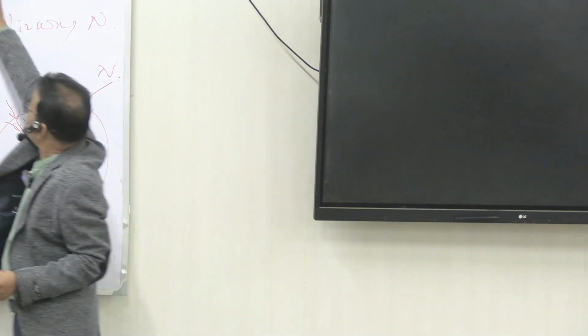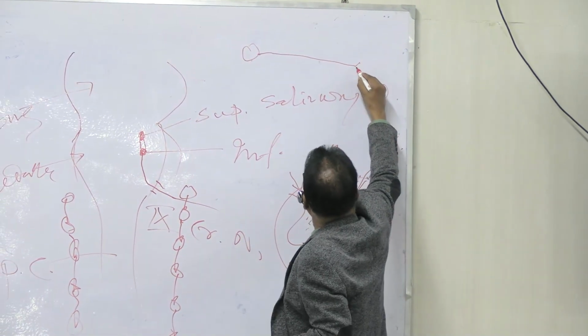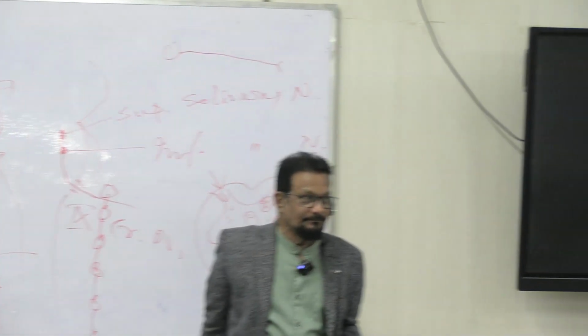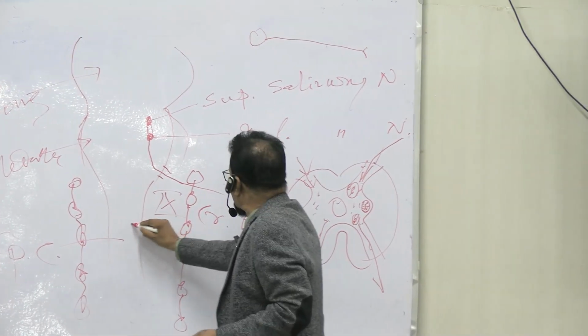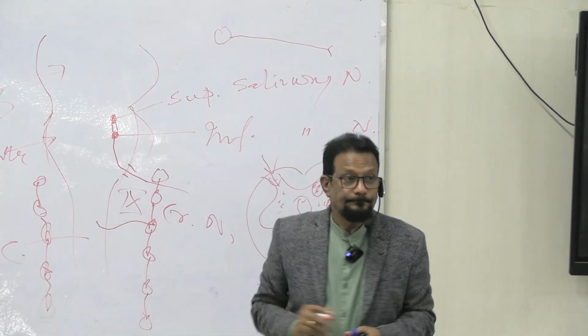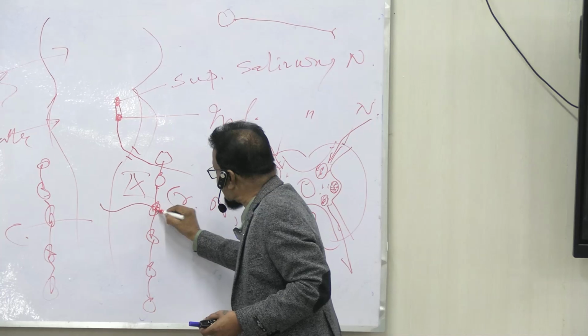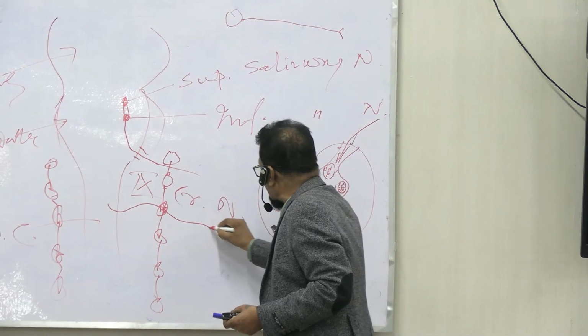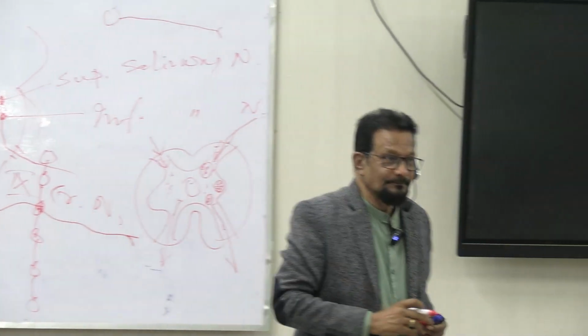This is the cell body of a neuron, and this is the axon. This means axon terminal. So this one, from here through the anterior door, this nerve will be coming, ending in the ganglia. From here, this is the ganglia, and the post-ganglionic neuron will arise and will go to the target organ.